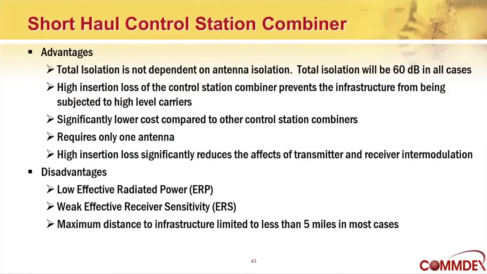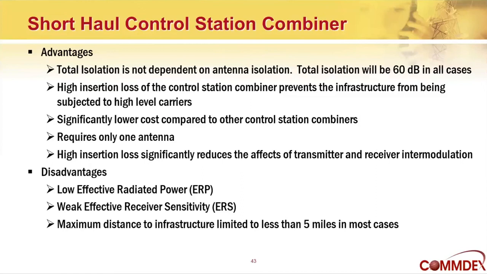So the advantage is the isolation is not dependent on antenna isolation. The high insertion loss can work in your favor in that it cuts down on transmitter noise, and it is lower than other types. The main advantage is it only requires one antenna, but the insertion loss does cut down on intermod.